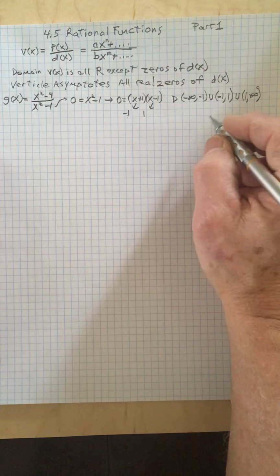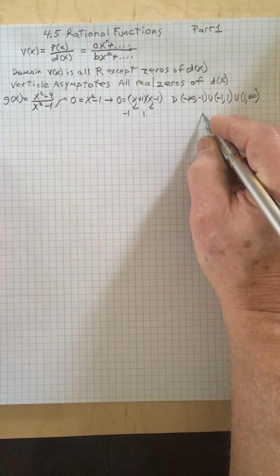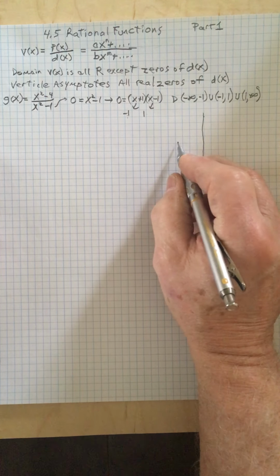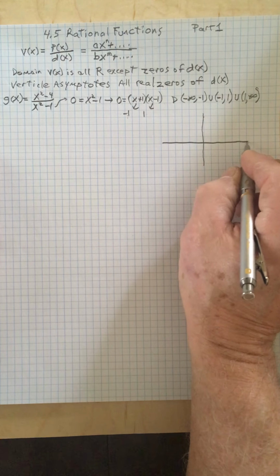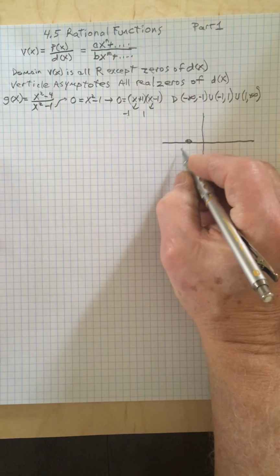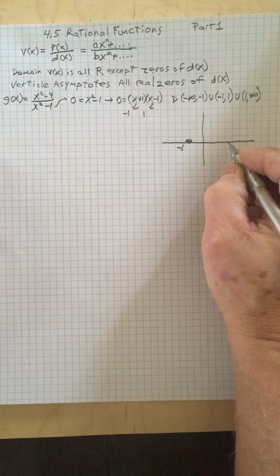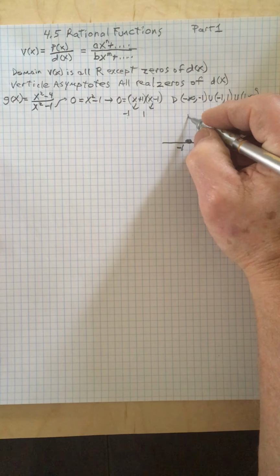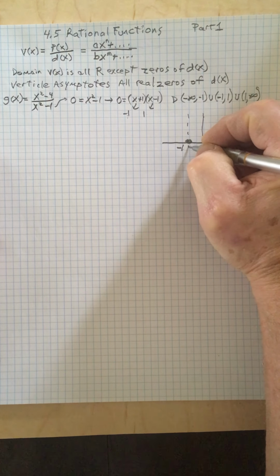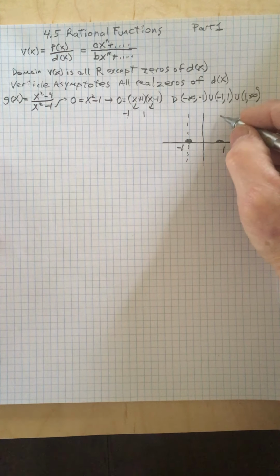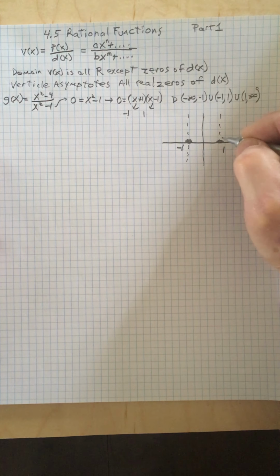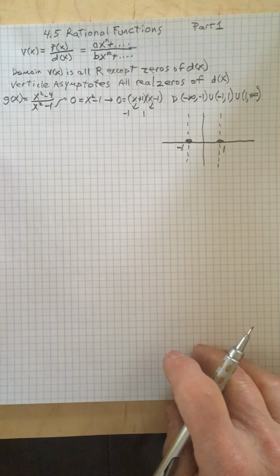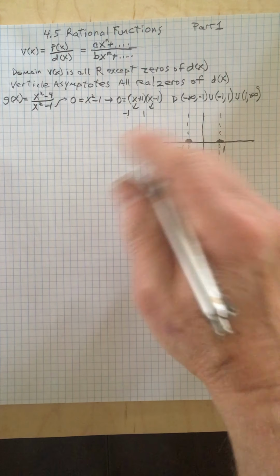So let's kind of get that started here. At minus 1 and at 1, we have asymptotes, like that, vertical asymptotes.